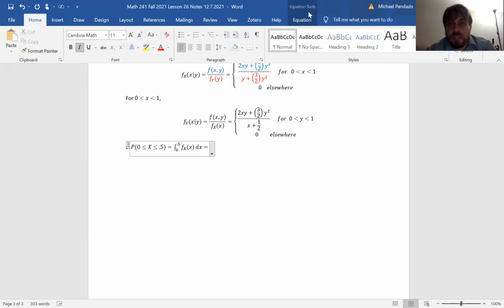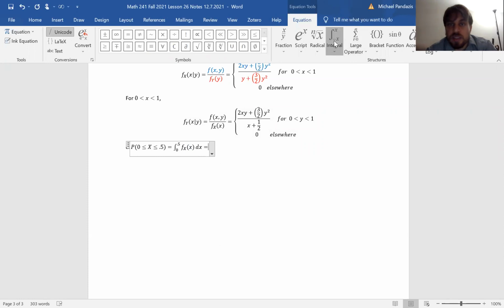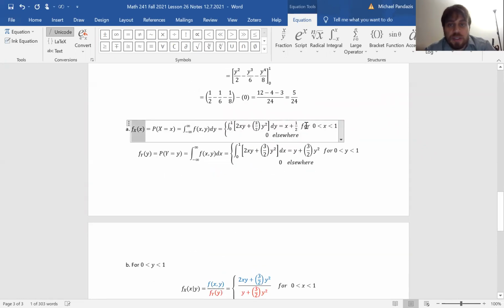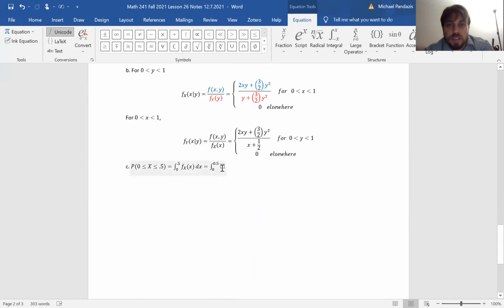The function f sub x of x, for x between 0 and 0.5, is x plus 1/2. So you plug in the PDF f sub x of x there. And when you calculate that, you get 0.375.